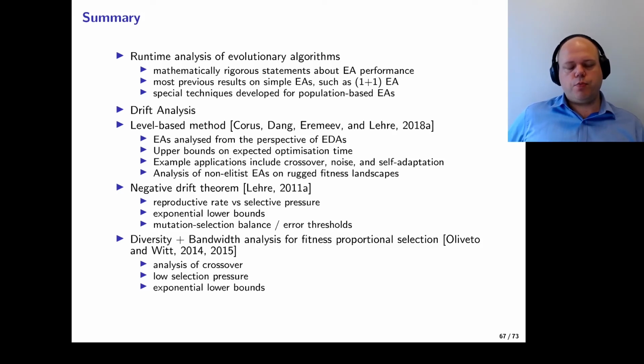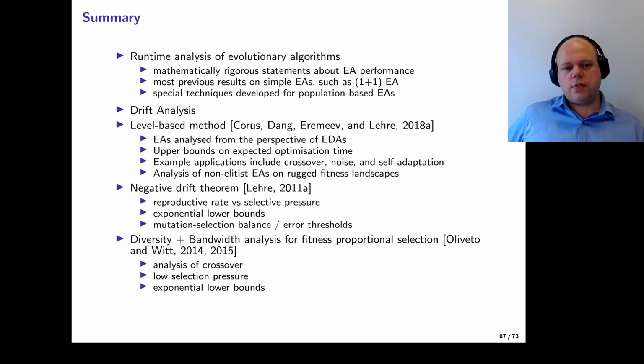This technique provides upper bounds on the expected optimization time of these algorithms. And we applied this tool to analyze complex evolutionary algorithms that use crossover but are subject to noise, and we also looked briefly at self-adaptation, where parameters, typically the mutation rate, are evolved with the individual.